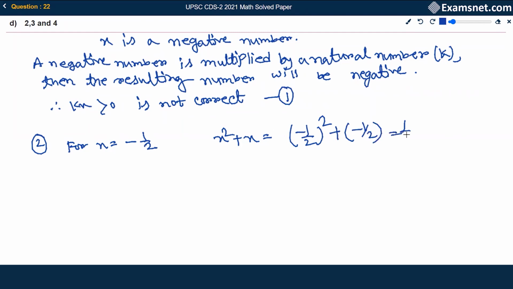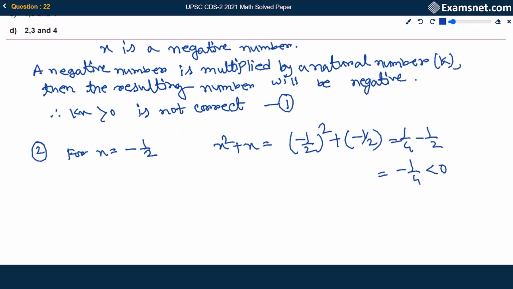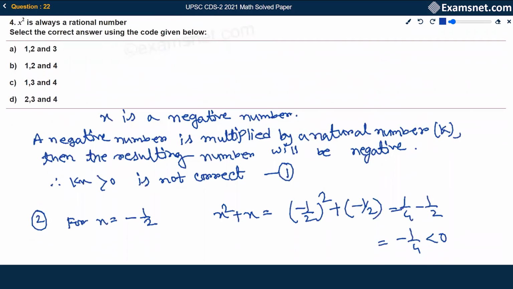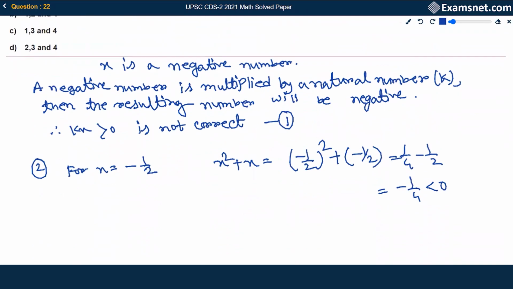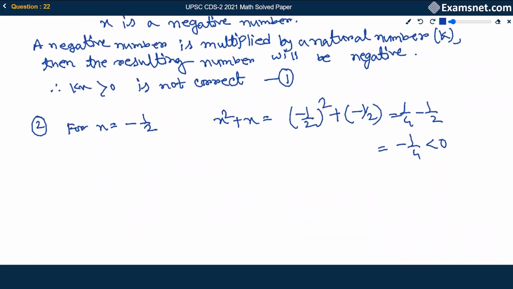That means 1 by 4 minus half. So it will give us the value minus 1 by 4, that is less than 0. So again, it's not correct that x square plus x is greater than 0. Therefore, x square plus x greater than 0 is not always correct. In some cases, this might be true, but not always.